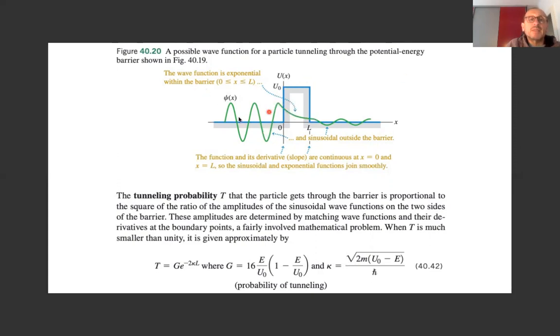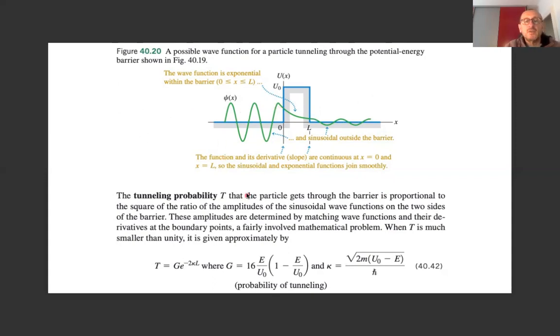This must be a diagram of the real part of the wave function, so let's not worry about the complex components of the amplitude. But the fact is that this decays to a finite value. So if the beam of particles is prepared coming from this direction, there's going to be a finite probability of finding some particle on the other side, which in the classical picture will never happen.